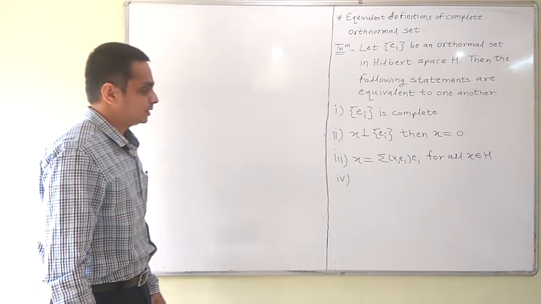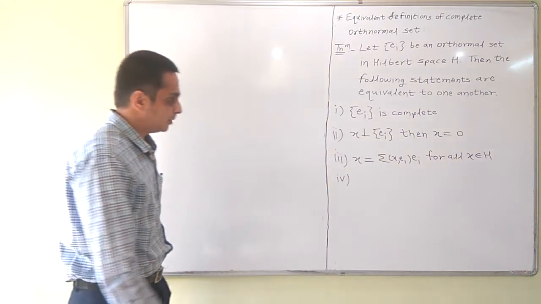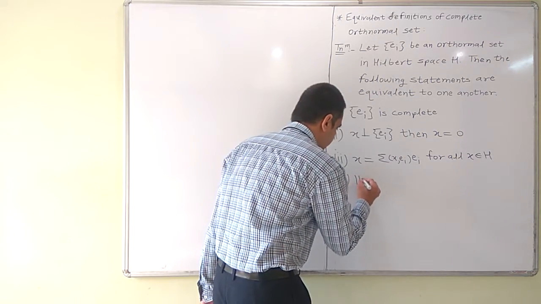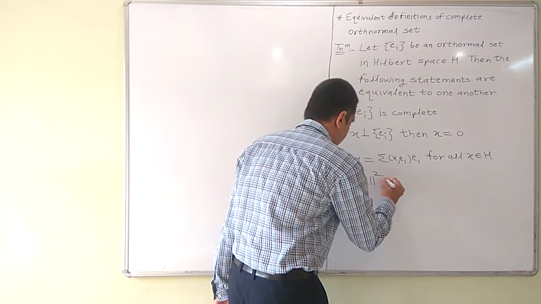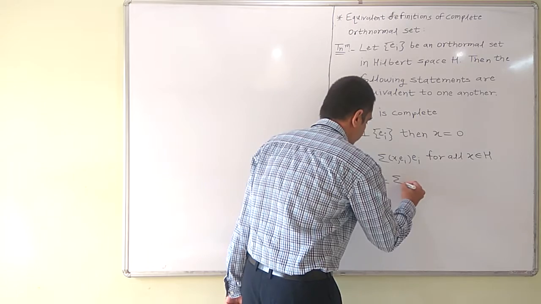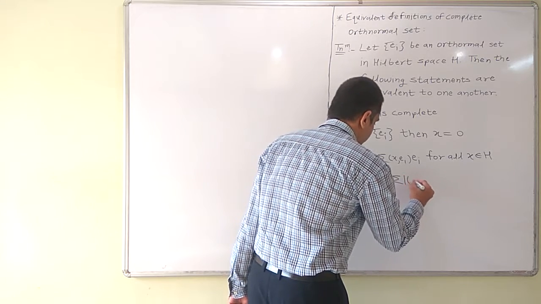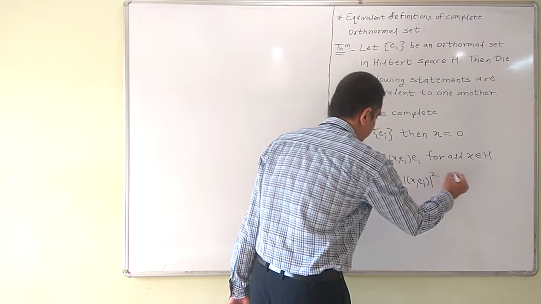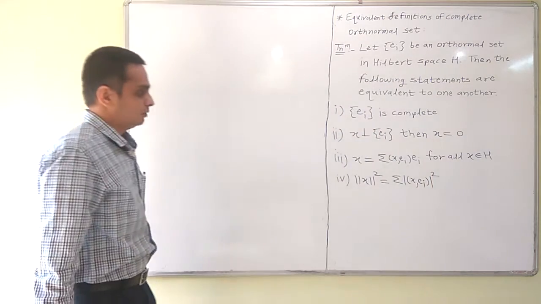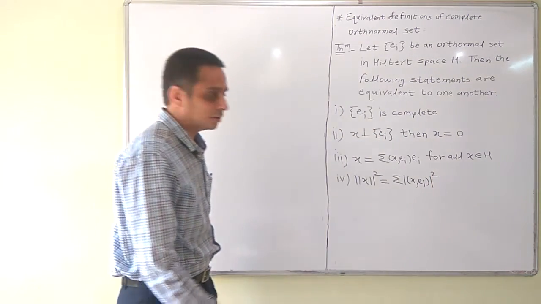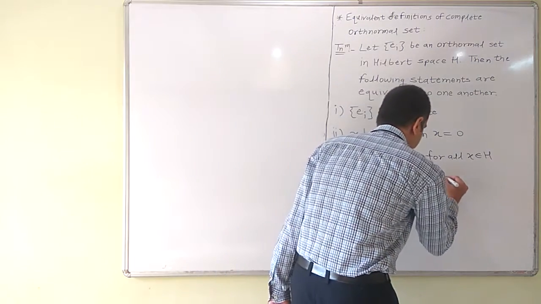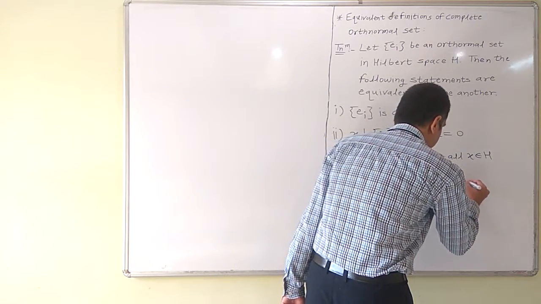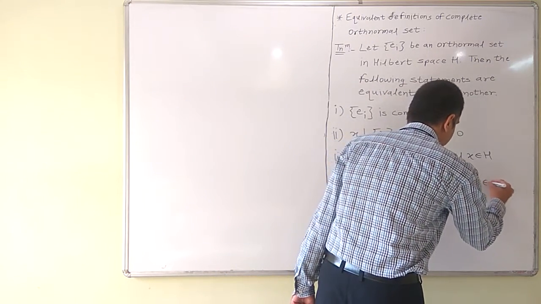And finally, norm x squared is equal to the summation of the modulus of the inner product <x, e_i> squared, for all x belonging to H.